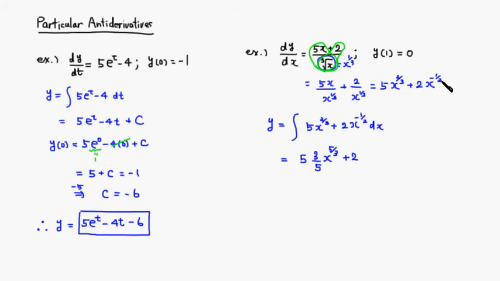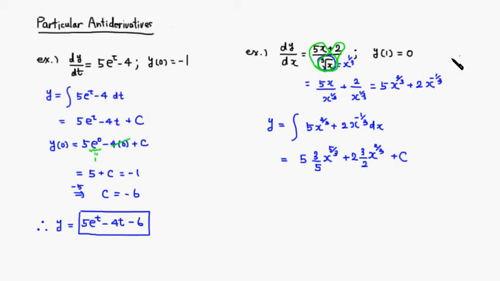Oh, actually I messed it up. So this is 1/3, negative 1/3. Sorry about that. So it's going to be add 1 to the power. Negative 1/3 plus 1 is 2/3. Divided by 2/3 is the same as multiplying by 3/2. Then you have plus some constant c. Let's clean up a bit.